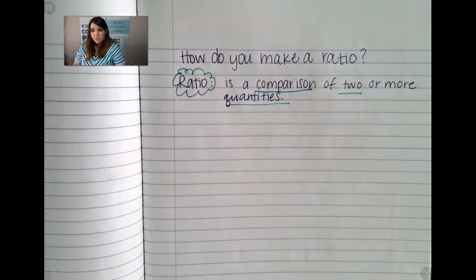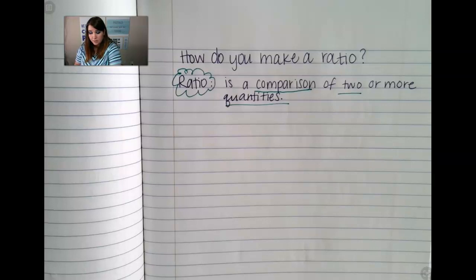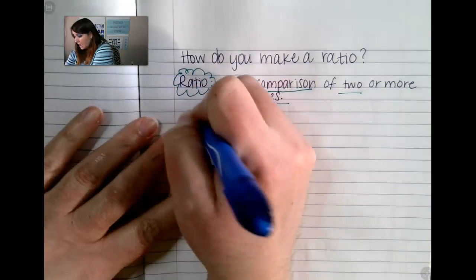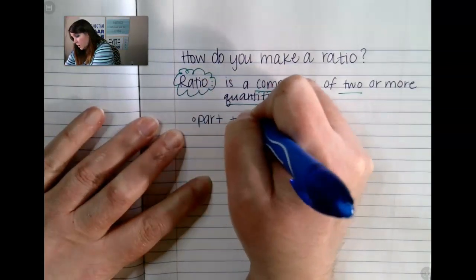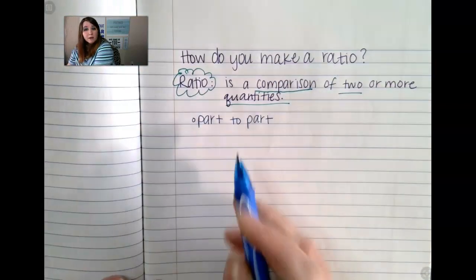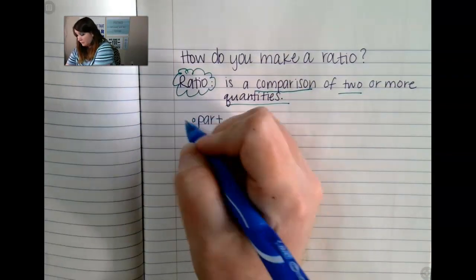Okay, so let's talk about the different types of ratios that we can write. You can write ratios as part to part. So we can compare one part of something to another part of something.